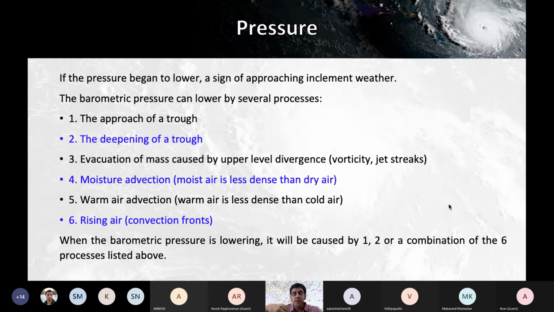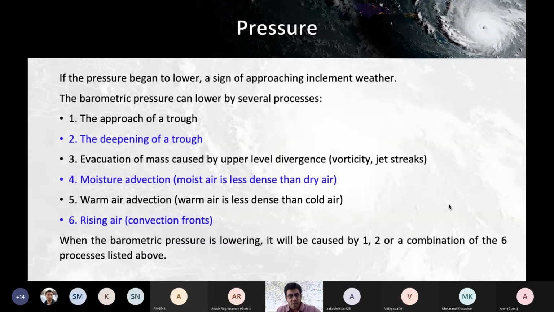What are the processes by which evacuation can happen? That is a process-based study. Right now we are just looking at how these elements of weather actually behave. That's all. Moisture advection, which is moist air from the ocean coming in, can also result in a low pressure, because moist air is warmer, so it can lower the pressure.